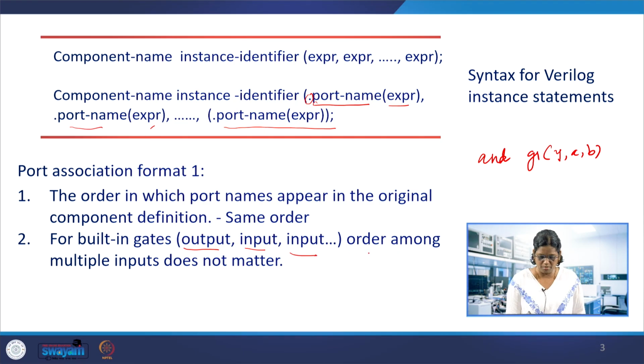If you have multiple inputs, input 1, input 2, input 3 and so on, the input order doesn't matter, but it should start with the output, and then the inputs can be in any order. So if you have a multiple input gate, the inputs can be put in any order. But when calling, it should be output, input 1 and input 2 in the same order.